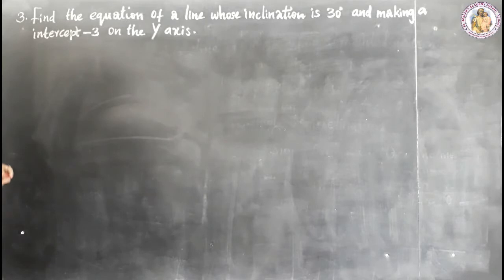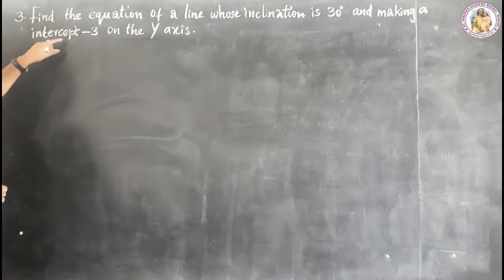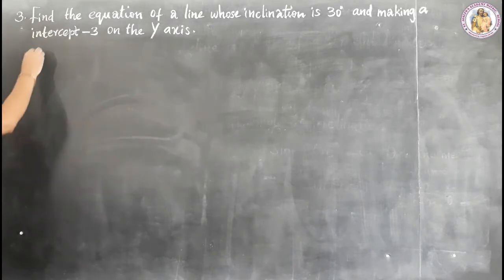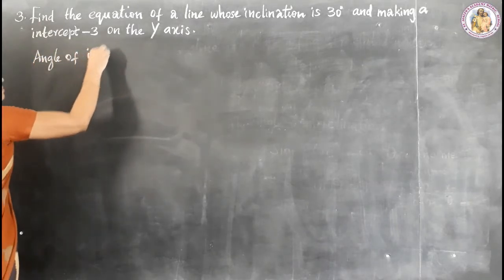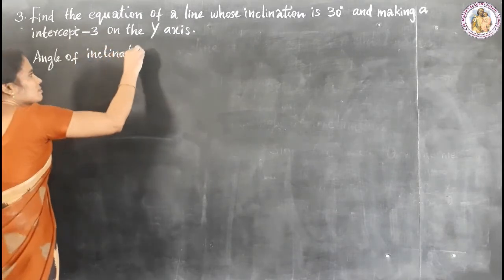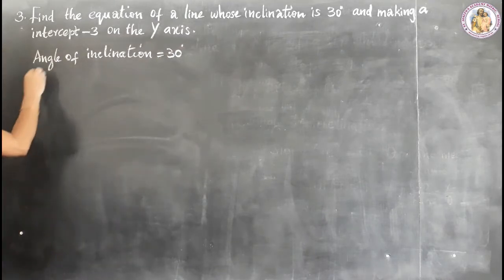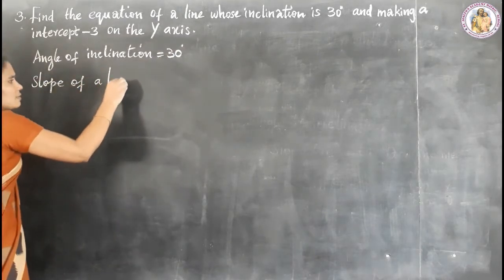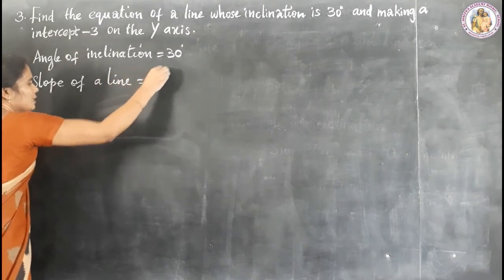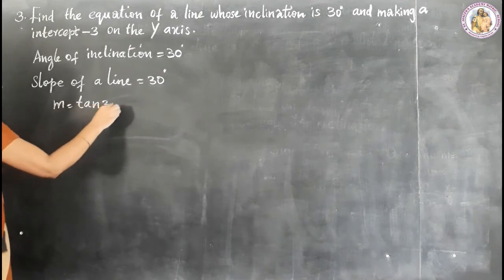Question number 3. Find the equation of a line whose inclination is 30 degrees and making an intercept of minus 3 on the y-axis. So the angle of inclination is equal to 30 degrees. So the slope m is equal to tan 30 degrees.